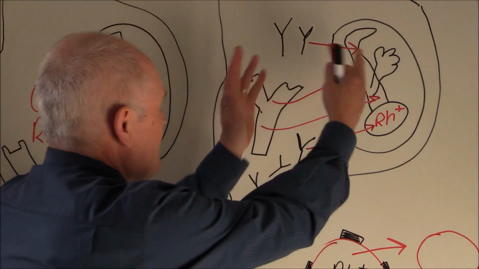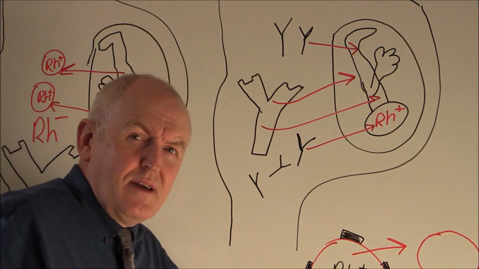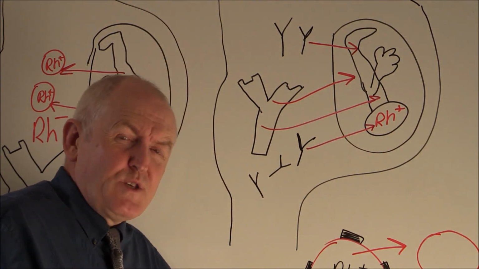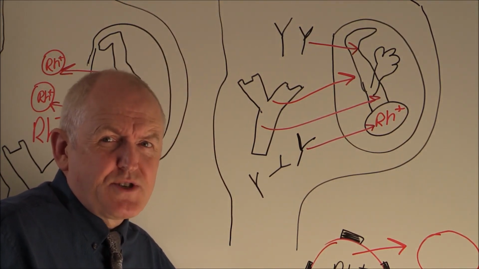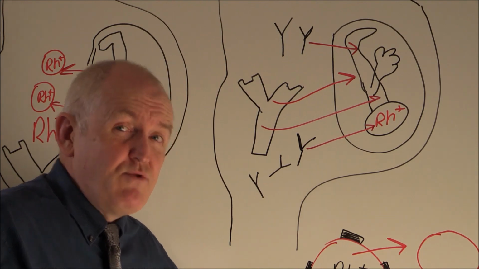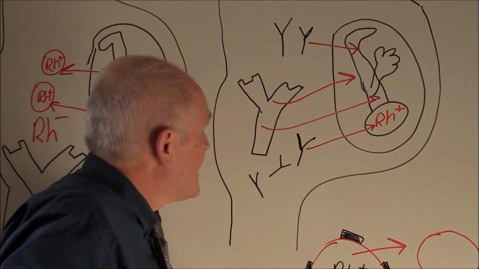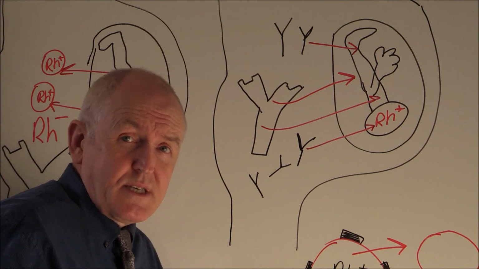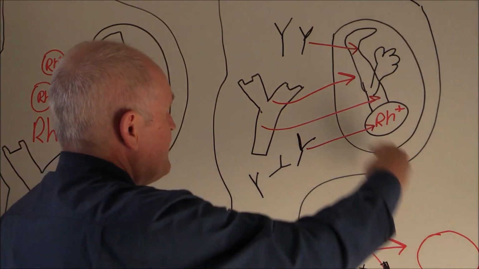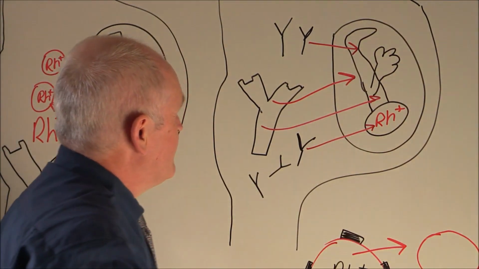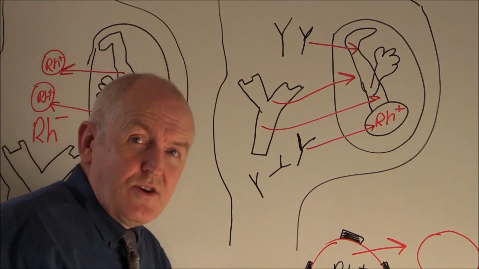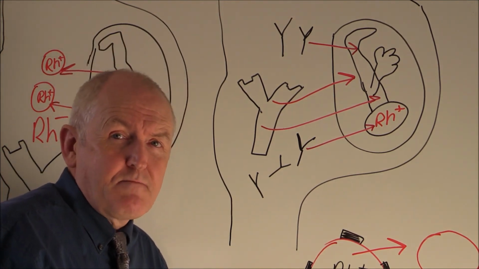As well as that, when the red cells are broken down, when the hemoglobin in red cells is broken down, what is going to be produced? Well, bilirubin is going to be produced as a hemoglobin breakdown product. But now we have all of this hemolysis in the fetus, we're going to get lots of bilirubin released.